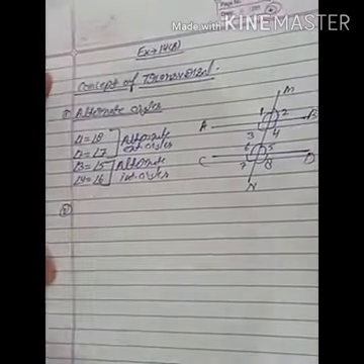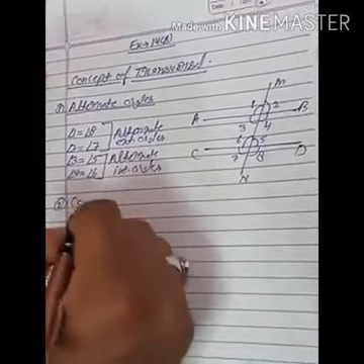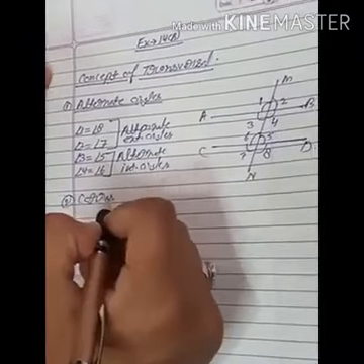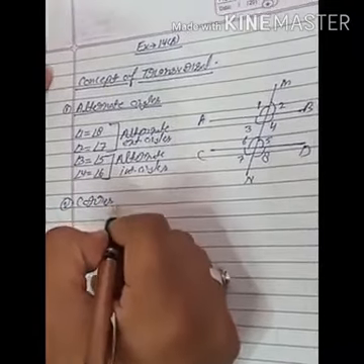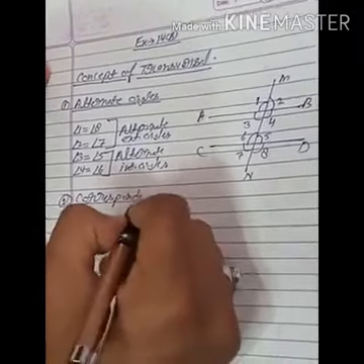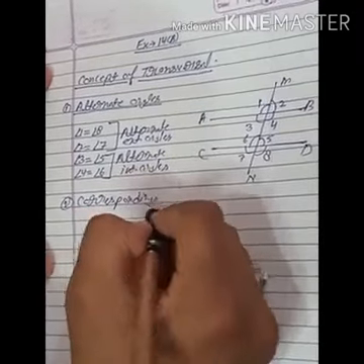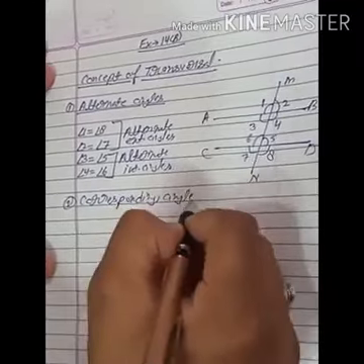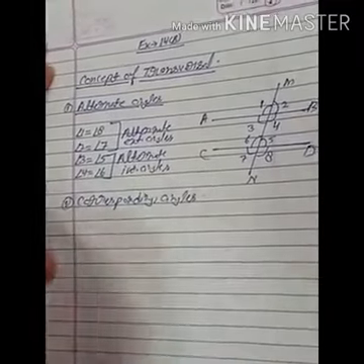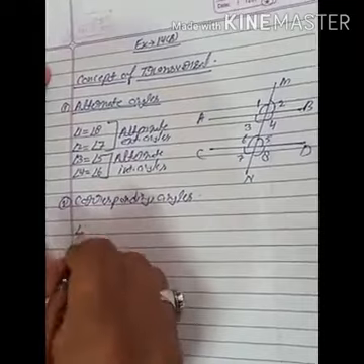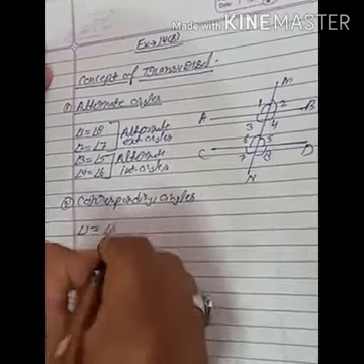Second type of angles, corresponding angles. What about corresponding angles? They are also equal. So what are corresponding angles? Angle 1 is equal to angle 6.